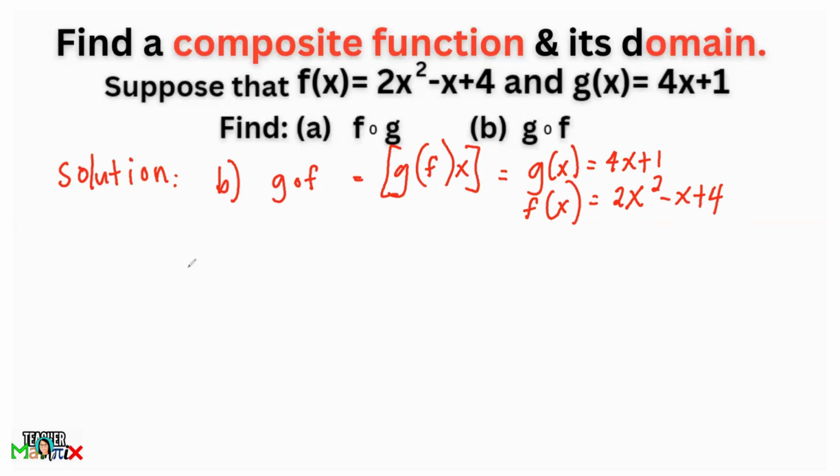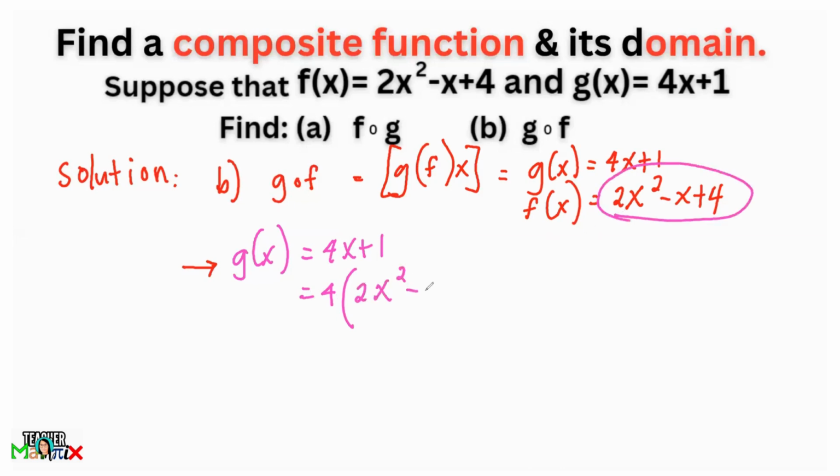So, here is the first step. Let's copy the function g of x, 4x plus 1. 4 times, copy that, 2x squared minus x plus 4.